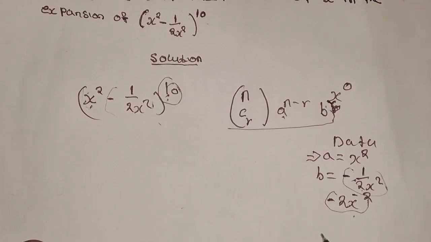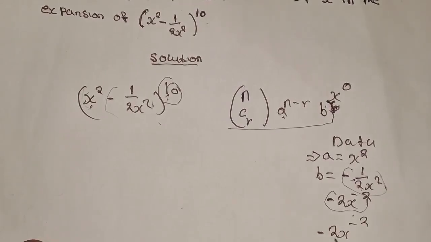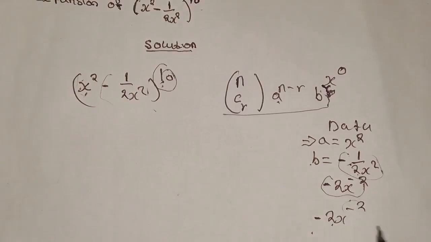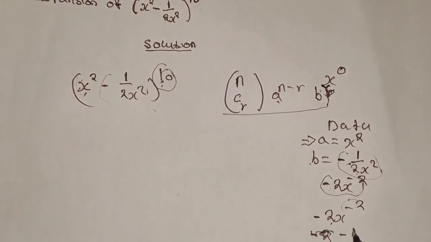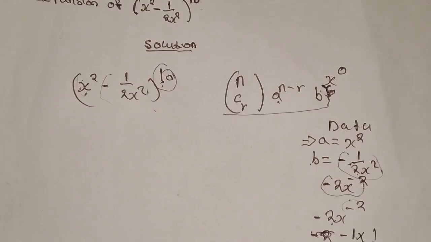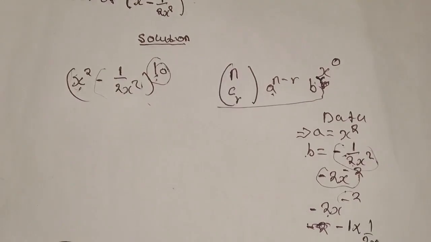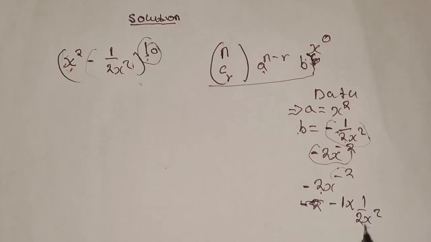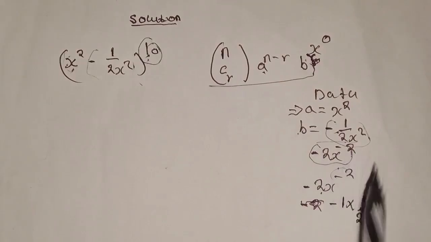It simply means negative 1 multiplied by 1 over 2x squared, and if you multiply this, it takes you back to this state.